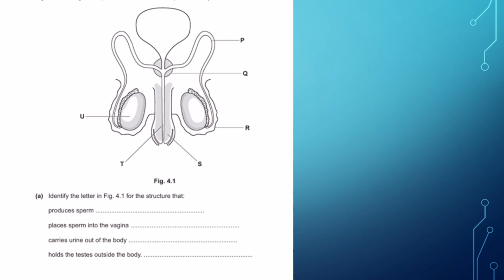Our next diagram here is also from the same year, and here we have a diagram of the human reproductive organs. If you have your book, this is also the same as 15.5 in the Cambridge book. And we ask, where is the sperm produced? It's here in U, which is the testis.